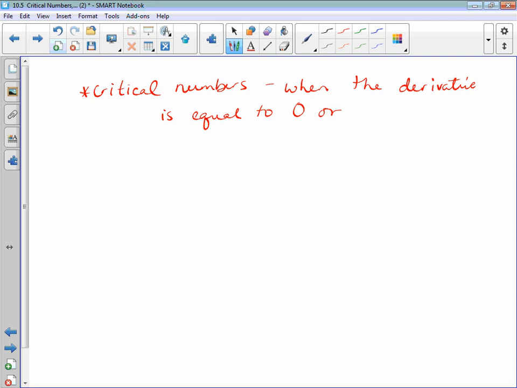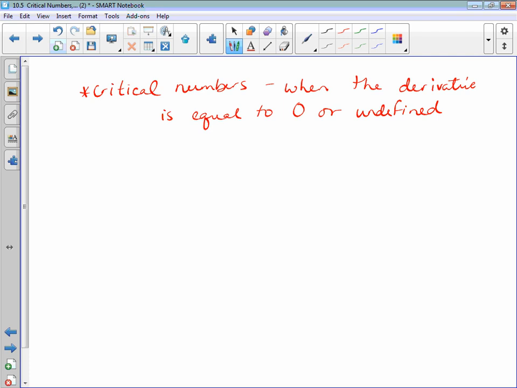What have we talked about a lot with graphs? Okay, good, but no, that doesn't help us. Asymptotes? How does an asymptote happen? When it's what? What's that word called? So discontinuity, or we could say when it's undefined. Okay, we got there. So those are the only two things that can give us a critical number.